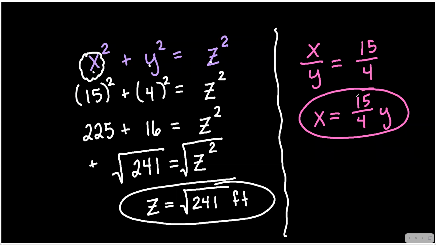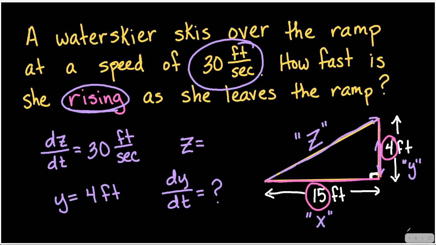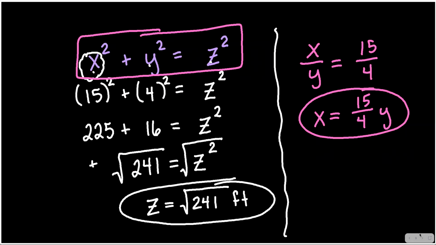So these are pieces that I'm going to now carry forward into creating a new equation. Remember when we're talking about these kind of problems with implicit derivatives, what we normally need is a picture, which we have, and a base formula to go off of, which we're going to use, the Pythagorean theorem.